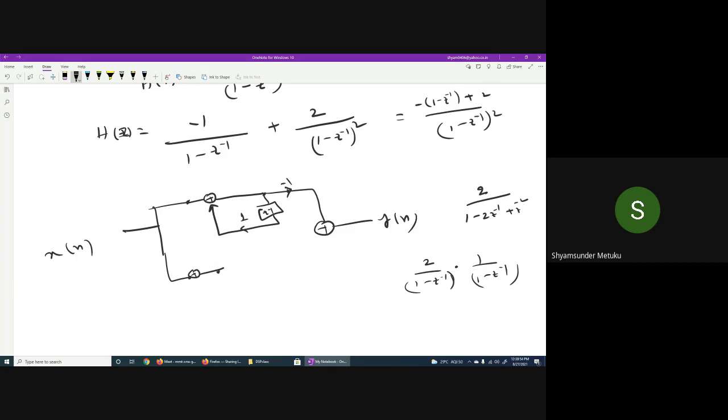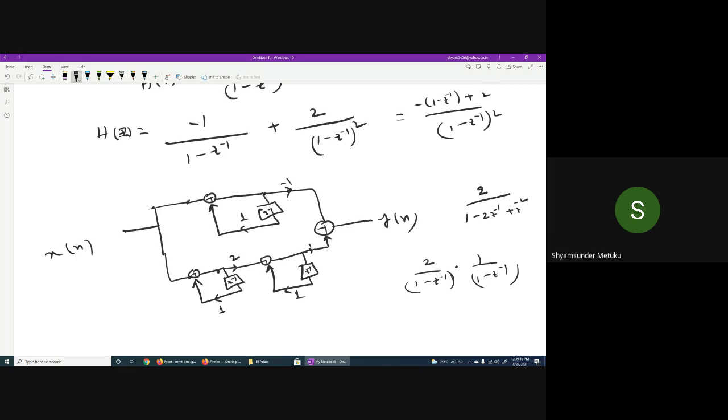This is plus. This is z inverse multiplied with plus 1. Again z inverse multiplied with 2 is there. 2 comes here, right? Yes, sir. Then plus it will be 1, 1 only. Perfect.